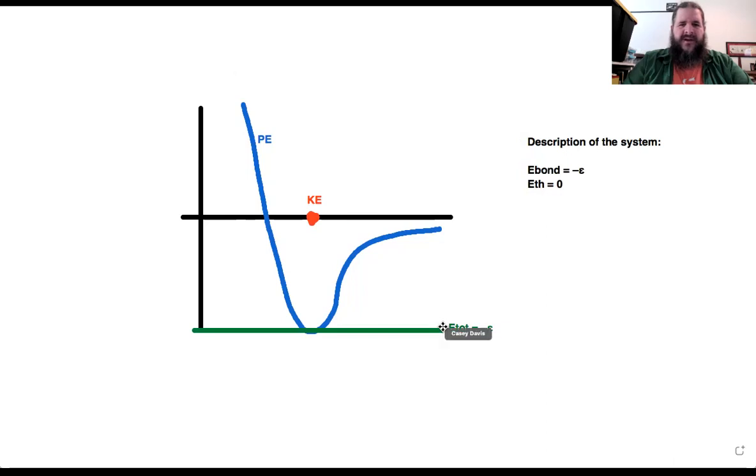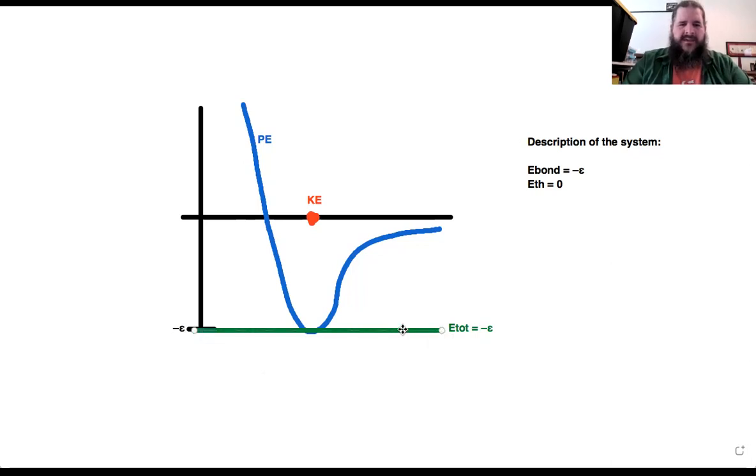But let's try adding some energy. Let's say we raise total energy by some amount. First, let me put a mark at where total energy was. Here's our negative epsilon mark. Let's say we now raise E total up to some new amount.